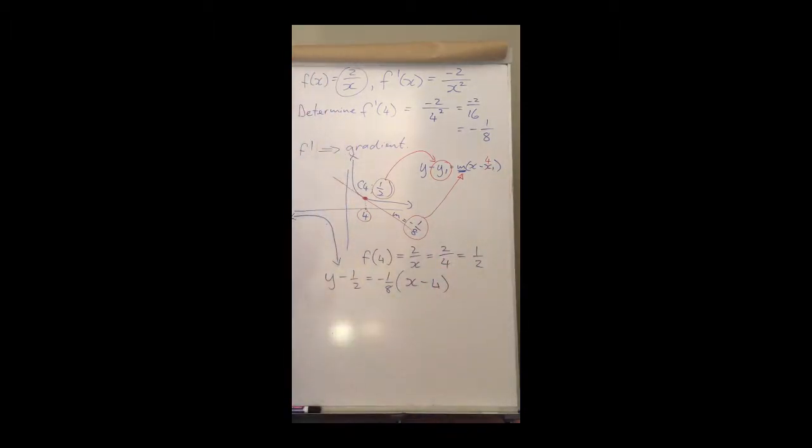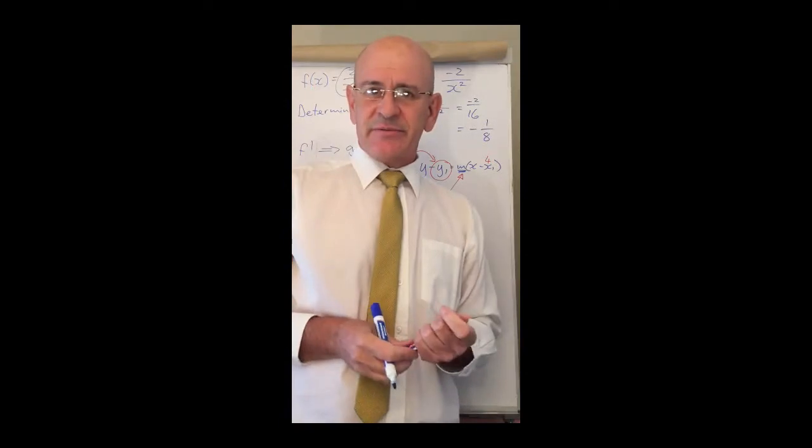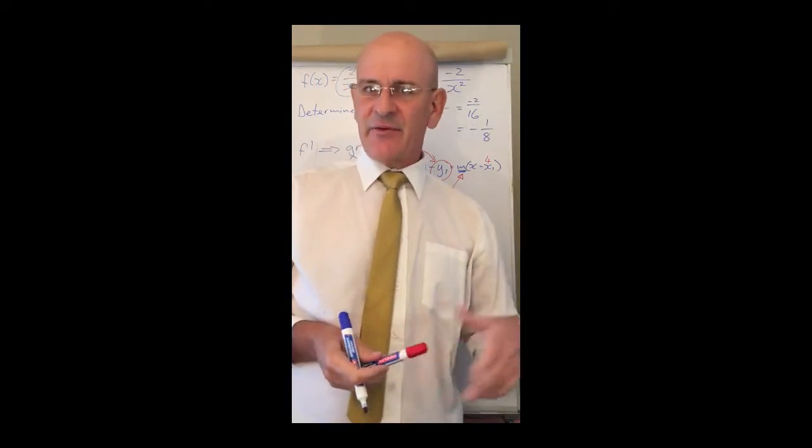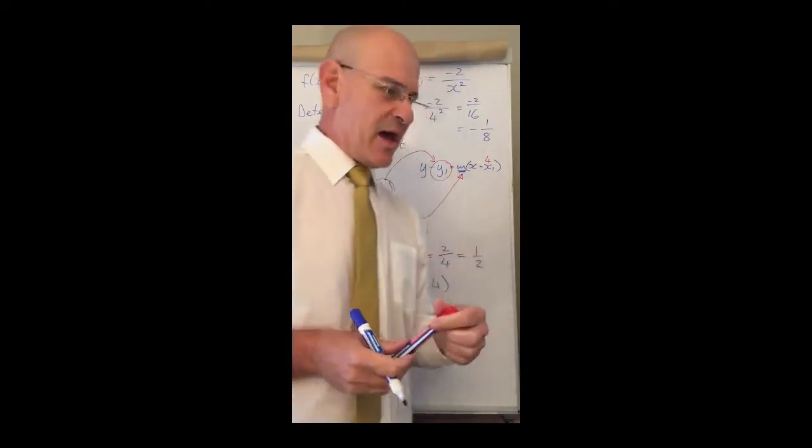Right, we have fractions over here. That's a little bit difficult to work with. So to get rid of the fractions, we're going to multiply everything by 8, so we can get rid of our denominator.